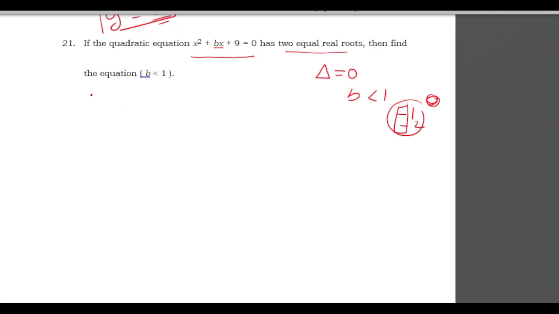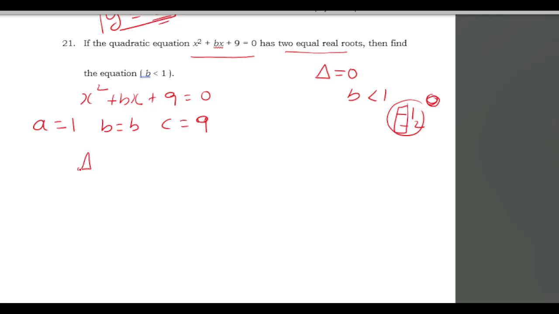So here the given equation is x square plus bx plus 9 is equal to 0. So a is equal to 1, b is equal to b, and c is equal to 9. What is the formula to identify the discriminant?